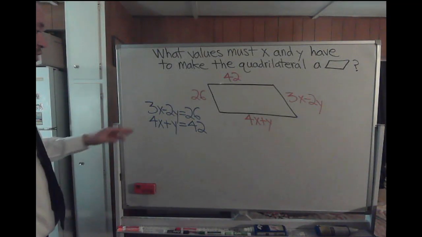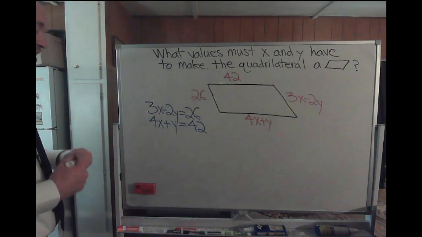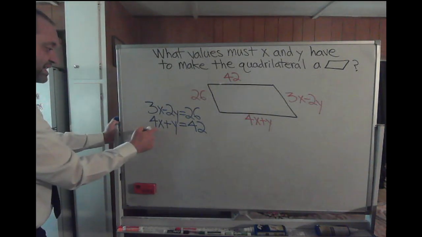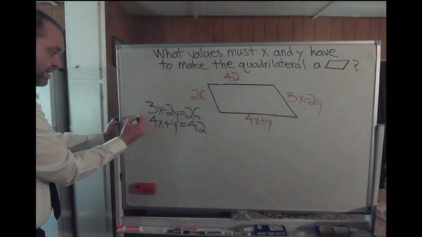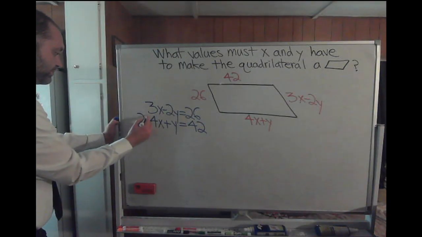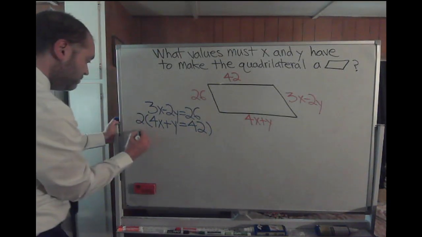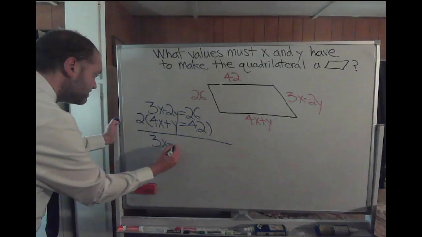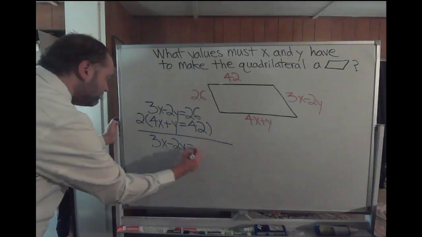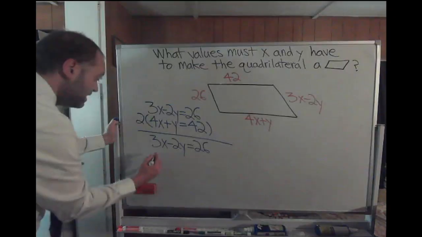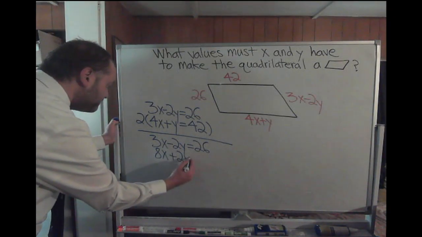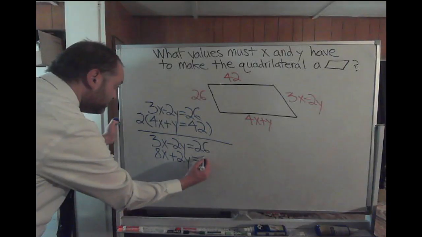Well, this isn't quite as easy to solve as the ones we had yesterday, but if we take the second equation and multiply that by 2, what you end up having now with the new system is 3x minus 2y equals 26, and then you would have 8x plus 2y is equal to 84.